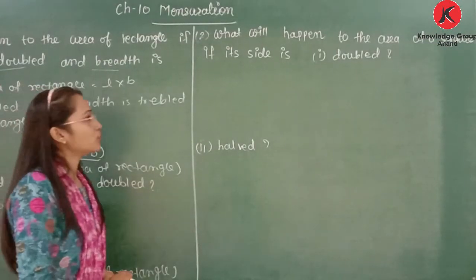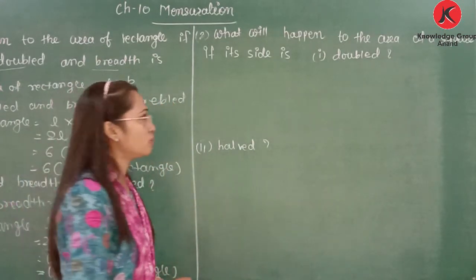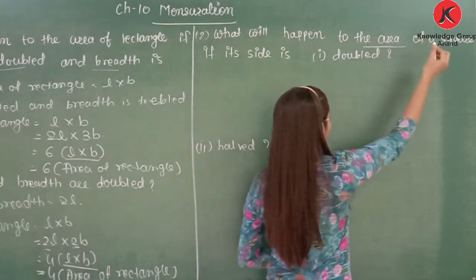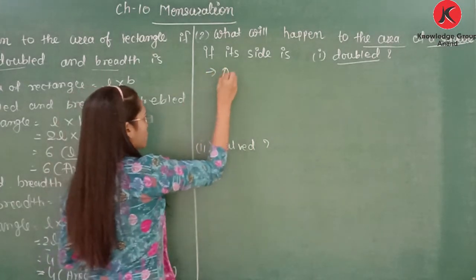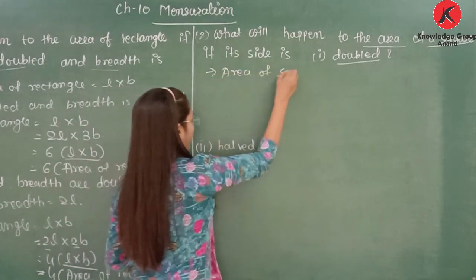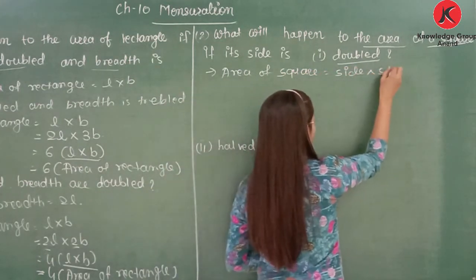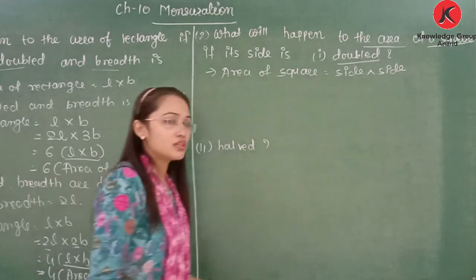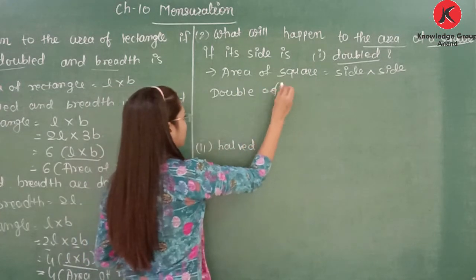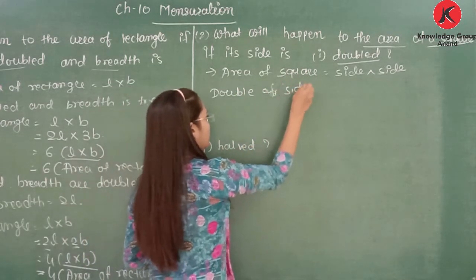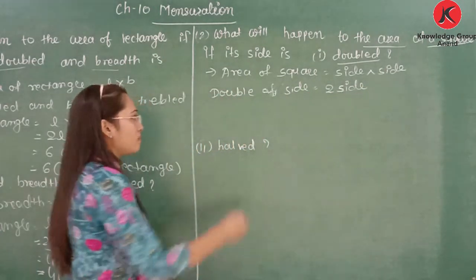Now next, what will happen to the area of a square if its side is doubled? We need to find the area of a square when its side is doubled. What is the equation for the area of a square? It is side multiplied by side. If we double the side, that is 2 times side, the area will be what?